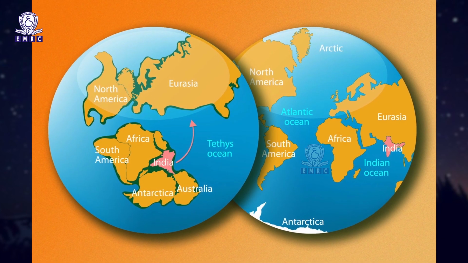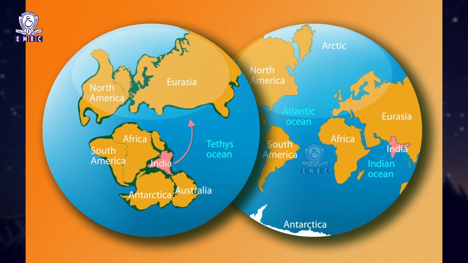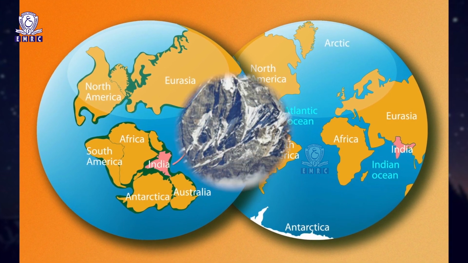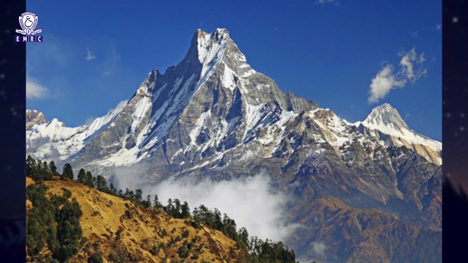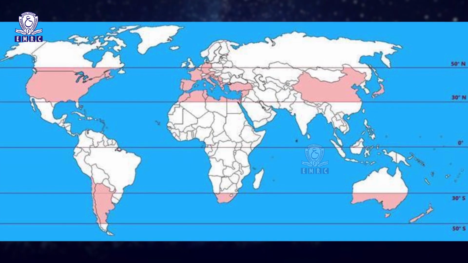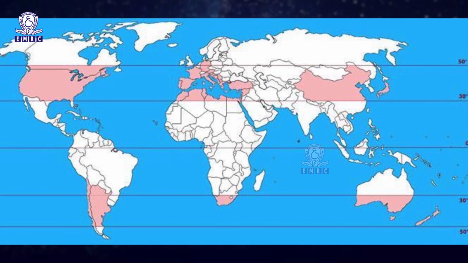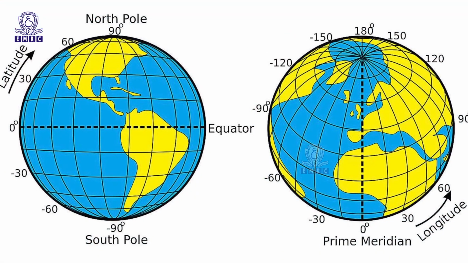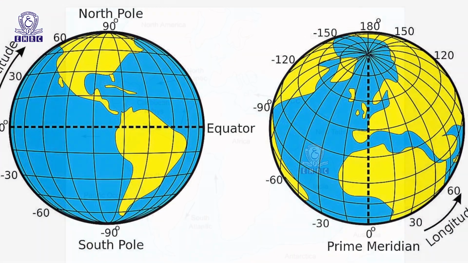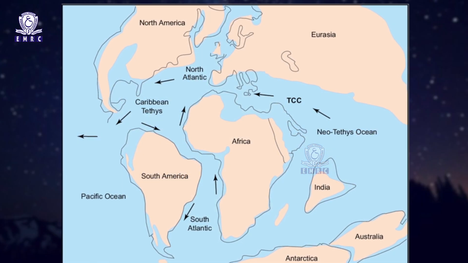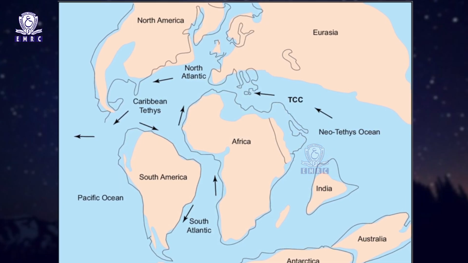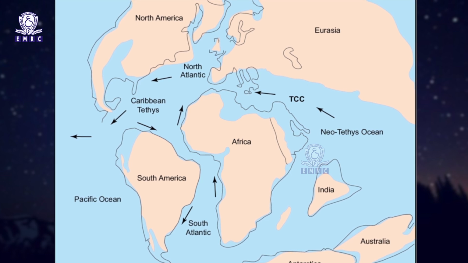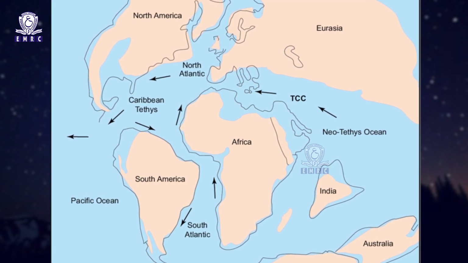India collided with Asia about 40 to 50 million years ago, causing rapid uplift of the Himalayas. About 140 million years before the present, the subcontinent was located as far as 50 degrees south latitude. The major plates were separated by the Tethys Sea, and the Tibetan block was closer to the Asiatic landmass.